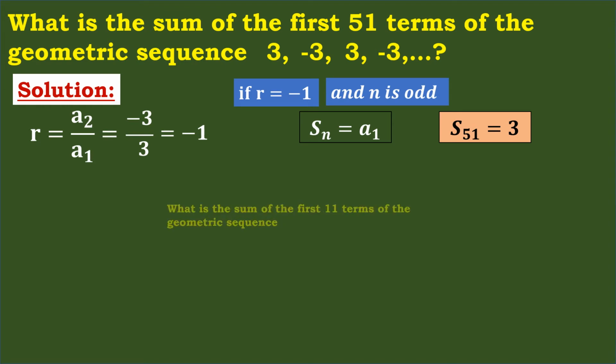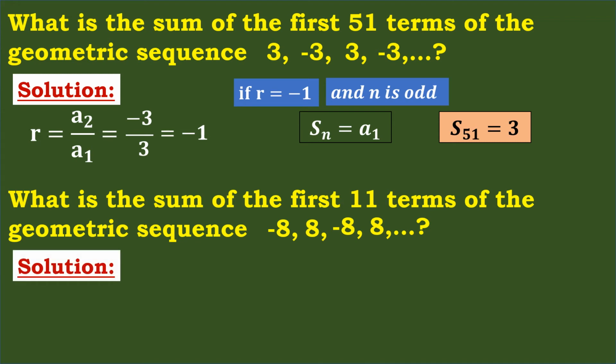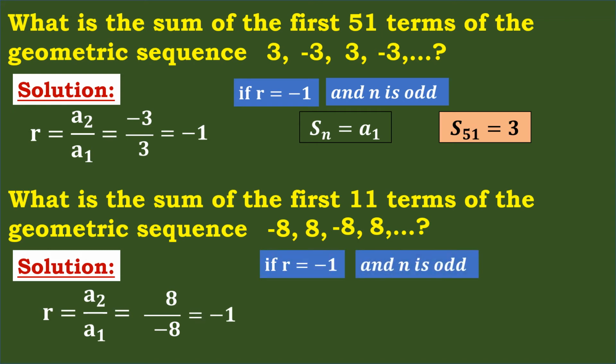Madali lang, no? Another example. What is the sum of the first 11 terms of the geometric sequence -8, 8, -8, 8, and so on? Ganun din. Obviously, alam natin na ang common ratio ay -1. So, if r is -1 and the number of terms is an odd number, ang 11 ay odd number kasi hindi siya pwedeng i-divide sa 2.